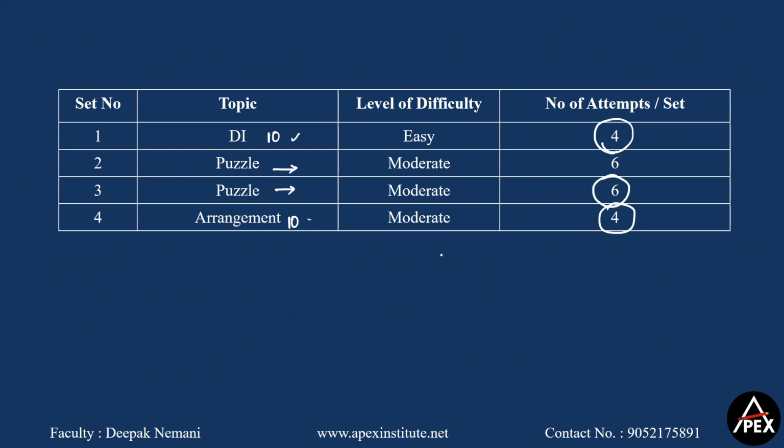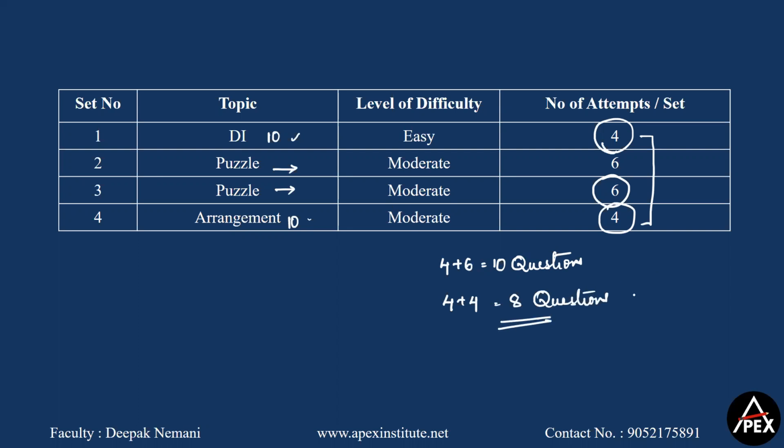So if you consider yourself good at puzzles, then 4 plus 6, 10 questions should be your minimum attempt. And if you are good at arrangements, then 4 plus 4, 8 questions should be your minimum attempt.